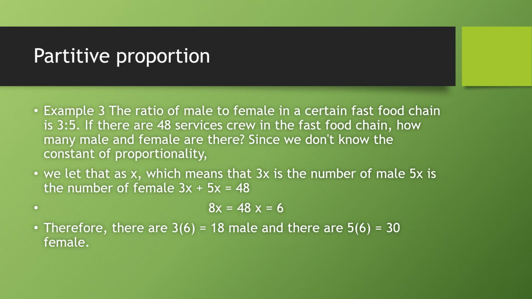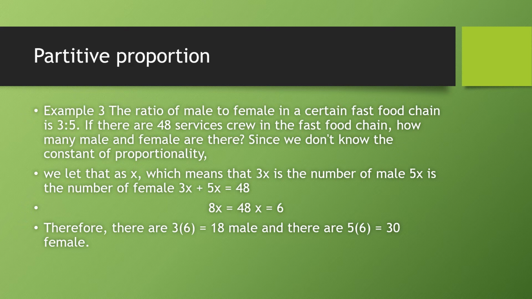Now, you divide 8x and 48 by 8, you'll get 6. So, ang value pala ni x ay 6. So, when we substitute 6 in 3x, 18 is for male. And when we substitute 6 doon kay 5x, we get 30 for female.